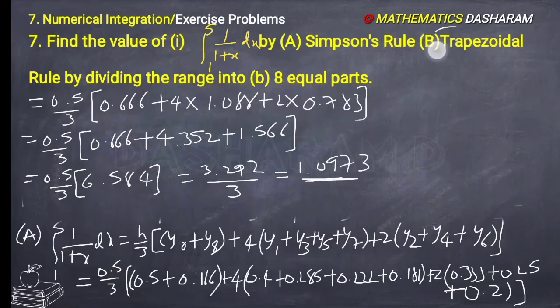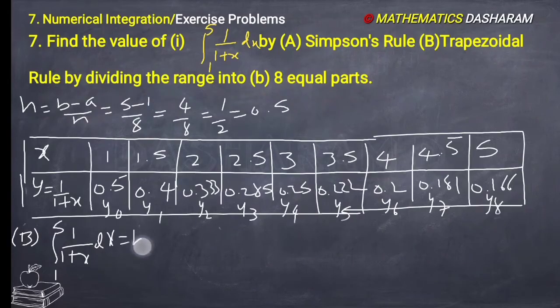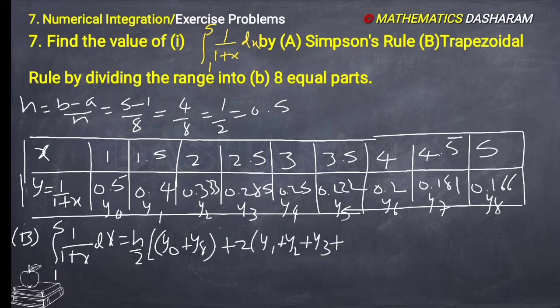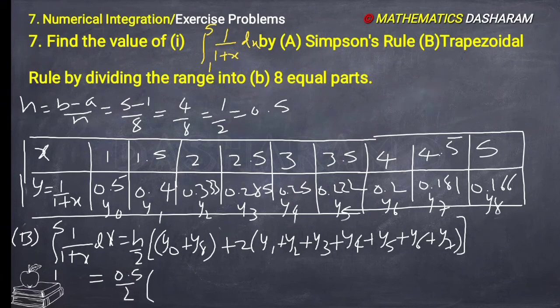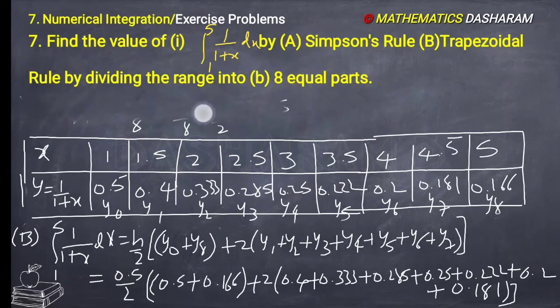So now by using the trapezoidal rule, let's find the same answer. So here h by 2 bracket of y0 plus y8 plus 2 bracket of y1 plus y2 plus y3 plus y4 plus y5 plus y6 plus y7. So the h value is 0.5 divided by 2. Let's simplify this.